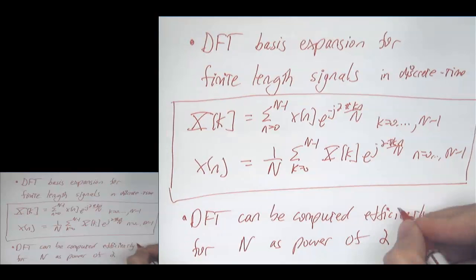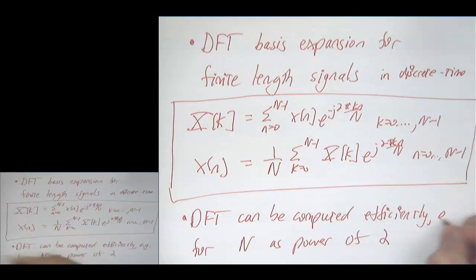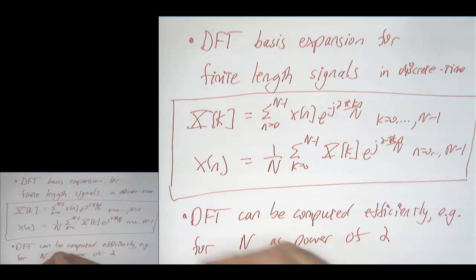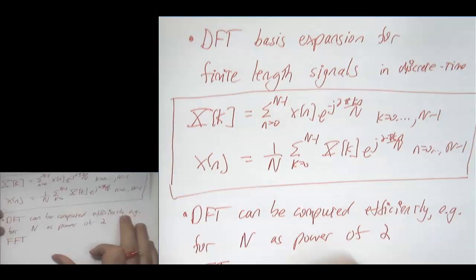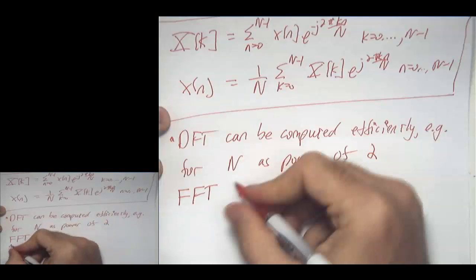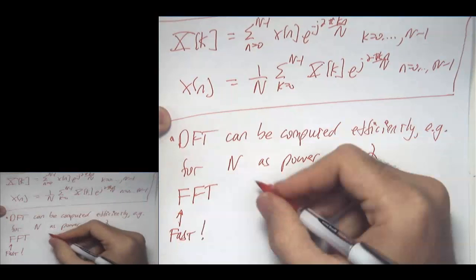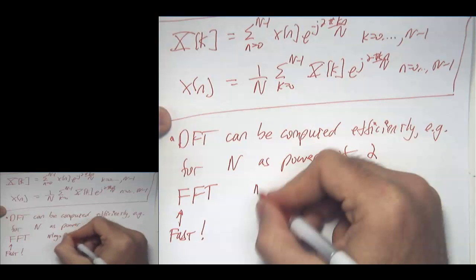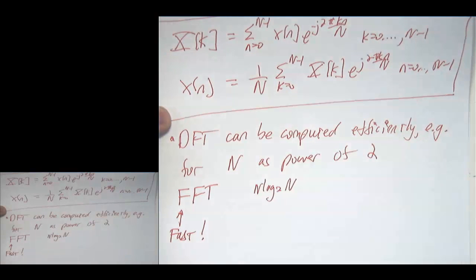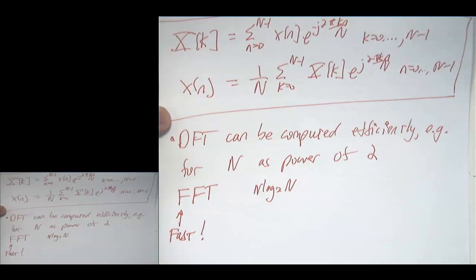For N as a power of 2, this is generally known as the FFT, or the fast Fourier transform. And so the computation time, depending on if you're doing real and complex, is on the order of N log 2 of N, instead of what would otherwise be an N squared operation. Okay, so that's a little bit about the DFT.